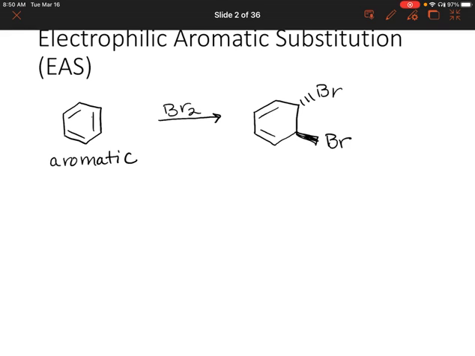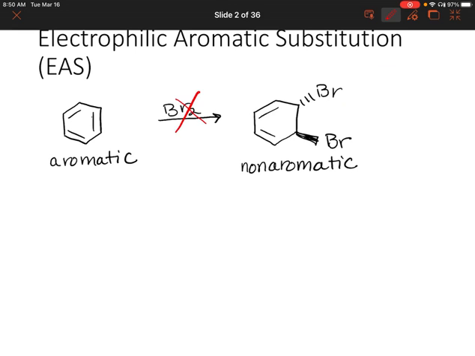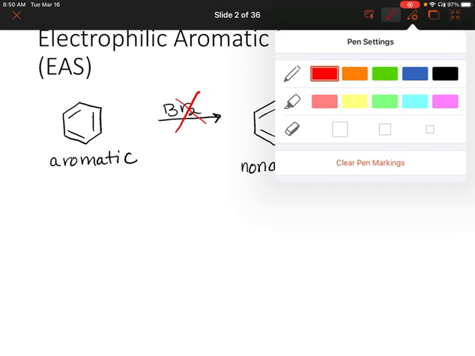Is that an aromatic compound? No, it's actually non-aromatic. So we're breaking the aromaticity of benzene by trying to add these bromines, and it's just energetically not favorable. So this reaction does not occur.